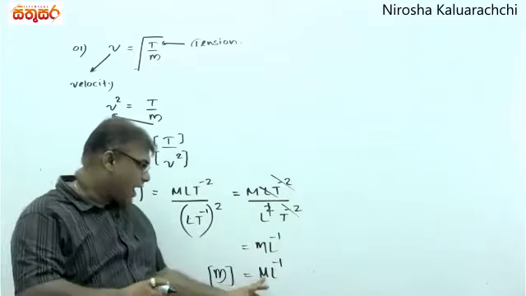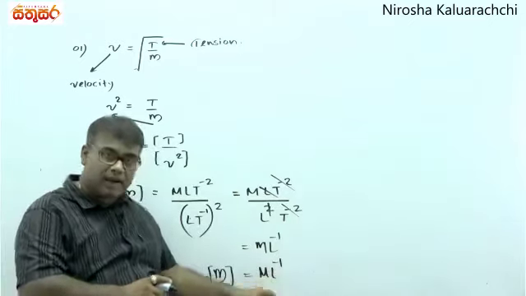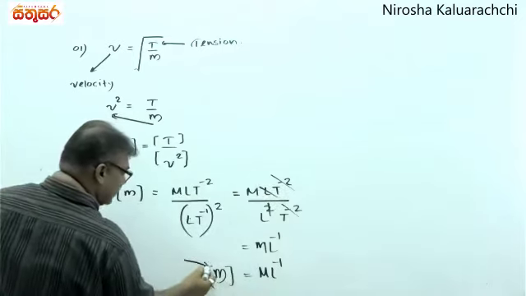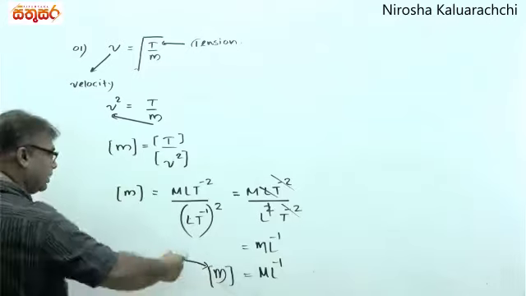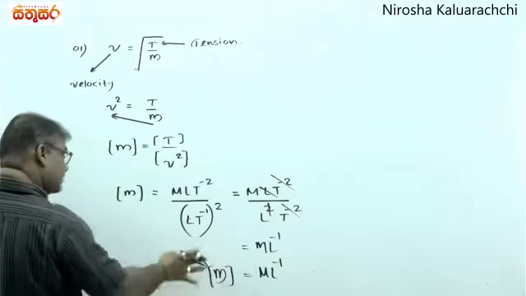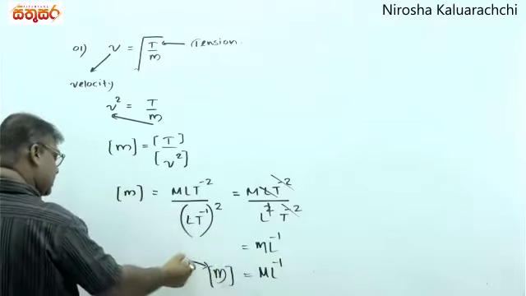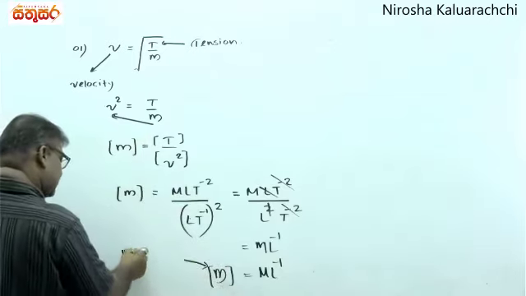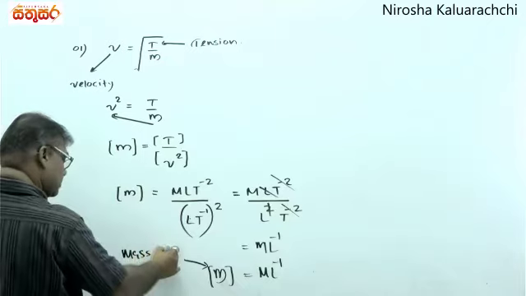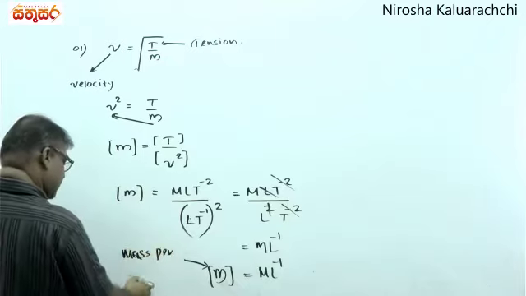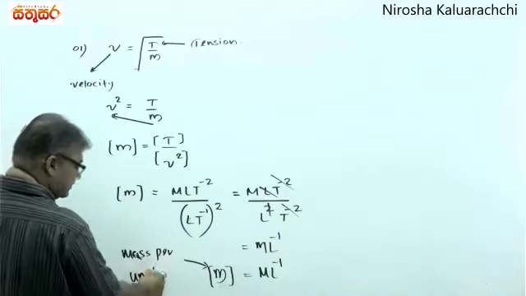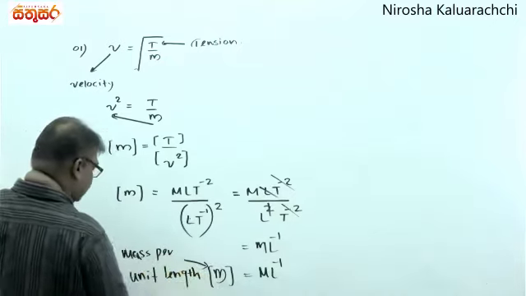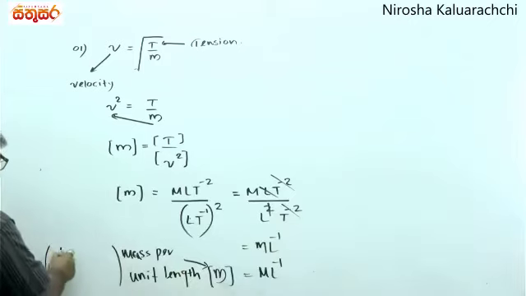It's like mass divided by length. It is called mass per unit length. This is additional. No need to write this one, but to identify this kind of quantity, it's better to know this name, right? It's mass per unit length. And this is also called linear density.